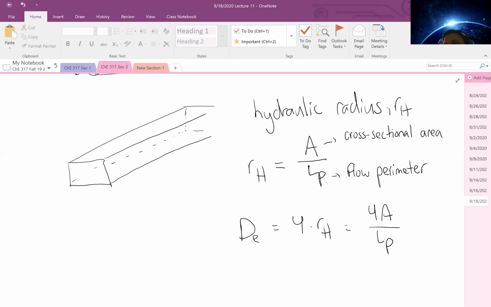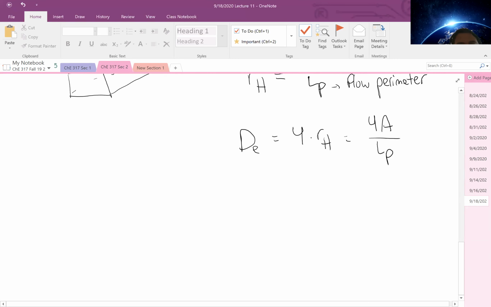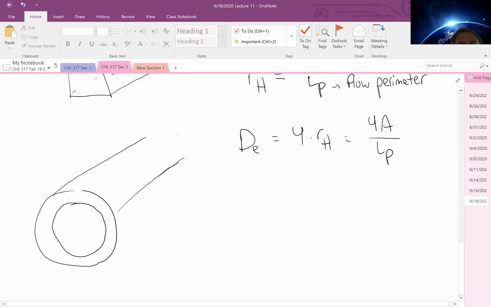Some other flow considerations we can consider, because there's all sorts of things, is flow through what's known as an annulus.